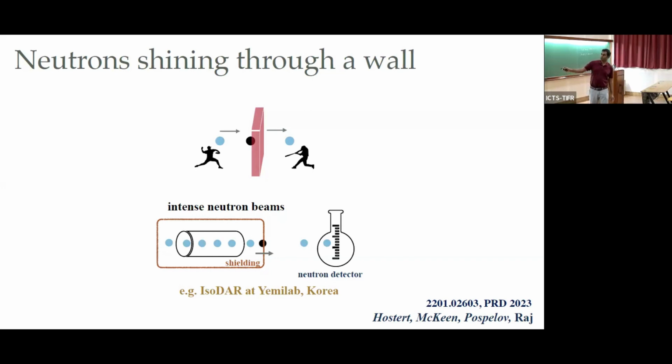Then if I have neutrons converting to dark neutrons and regenerating, basically I can look for excess neutrons in the detector, right? So that's the idea, and it so happens that there is an experiment that can very well do this. In fact, it could be the most sensitive experiment to this kind of setup, and that is the IsoDAR experiment at Yemilab in Korea, about 1 kilometer underground, okay?